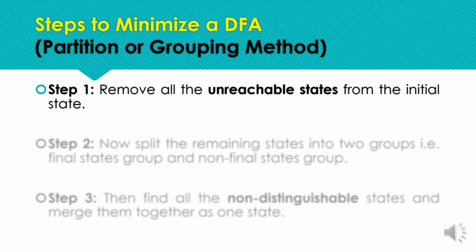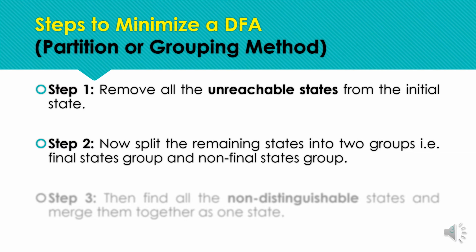Next, step 2 is to split the remaining states. After removing unreachable states, the remaining states are split into two groups: the final states group and the non-final states group. In this process we are going from up to down, meaning we will start working with two groups only. One group is of non-final states and one group belongs to the final states.